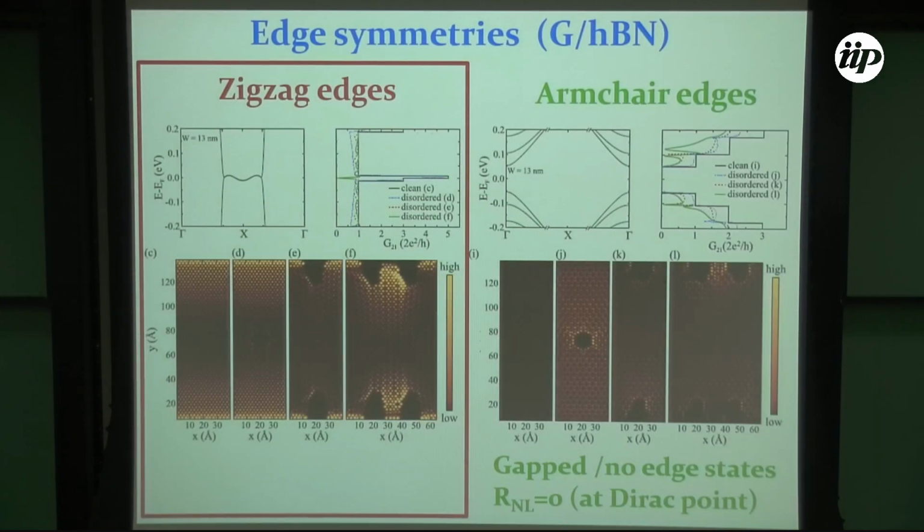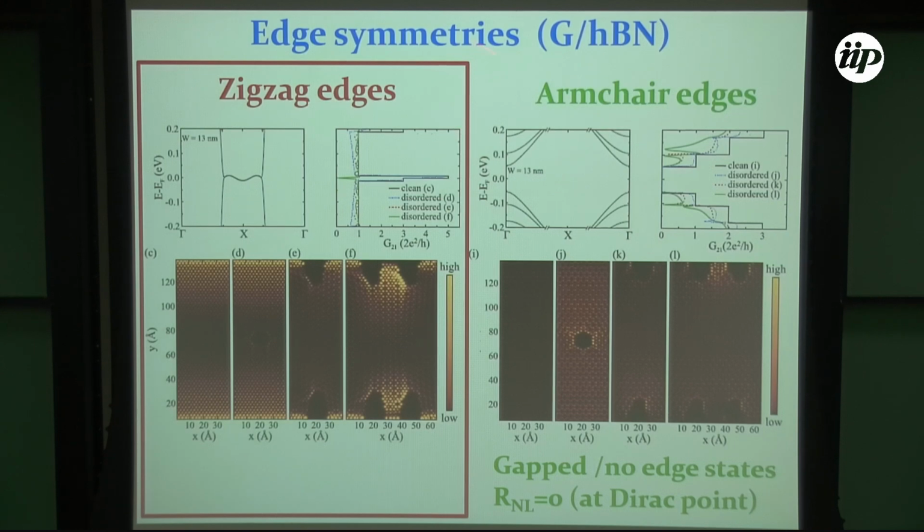So that's somehow a totally different interpretation from the initial Valley Hall effect driven signal. It has to do with the formation of states that are not really topological, but that are related to the geometry of the device and to the interaction between the graphene and boron nitride.